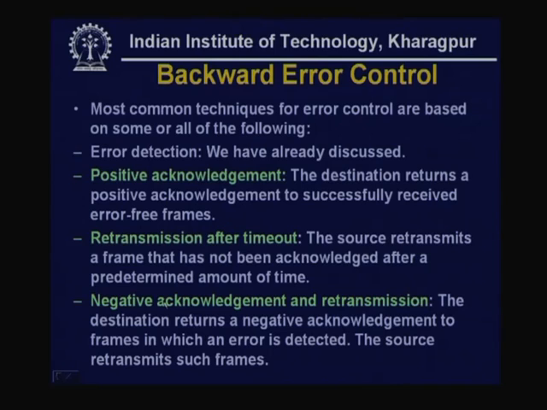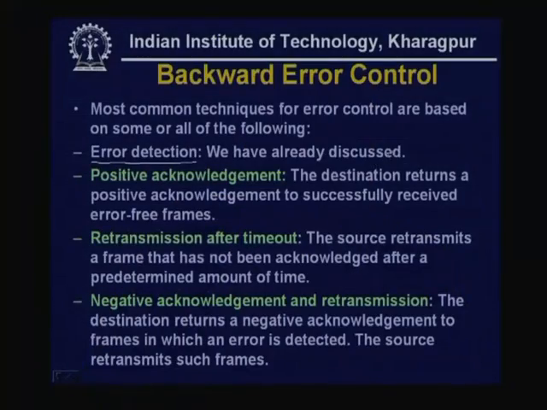Most of the common techniques for error control are based on some or all of the following. First of all, it uses error detection. What are the components of error control are explained here. First of all, there should be some technique for error detection.